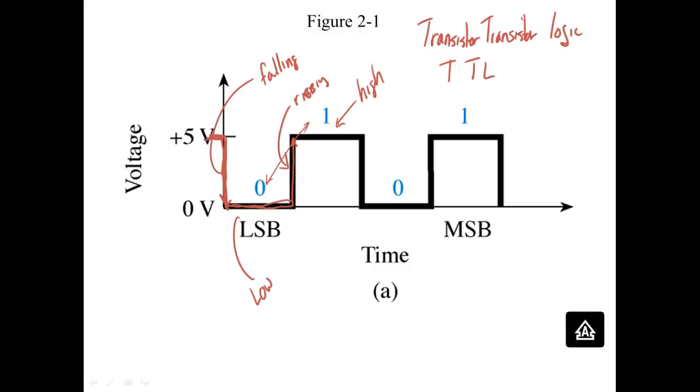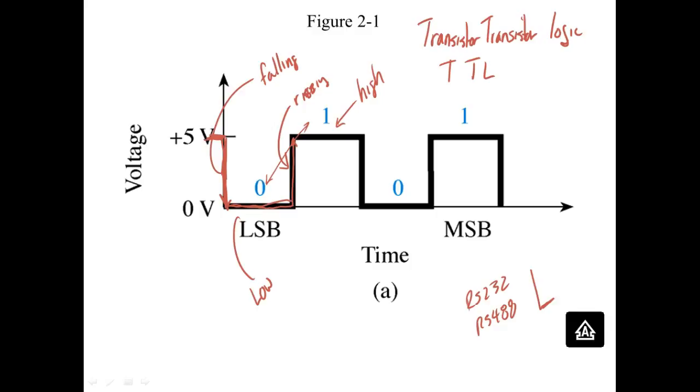But if you get into ECL logic, guess what? The more negative voltage is the high, and the more positive voltage is the low. If you've ever heard of RS-232, which has been replaced by RS-488, I think, which is what we use a lot in PLCs, the negative is the 1. So you can't say a high is always a 1 and a low is always a 0, because it all depends on the technology that you're dealing with.